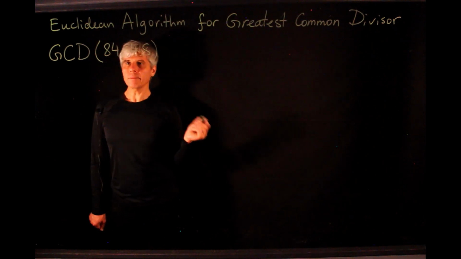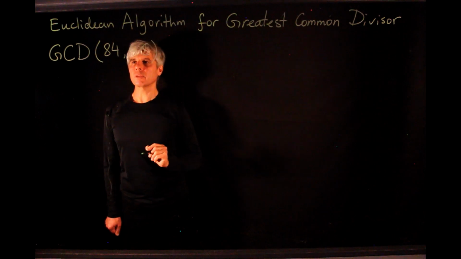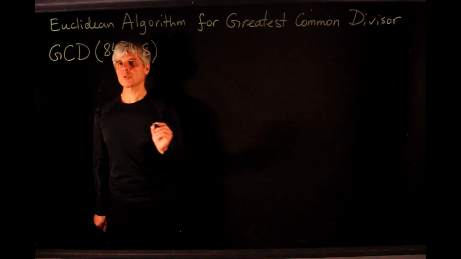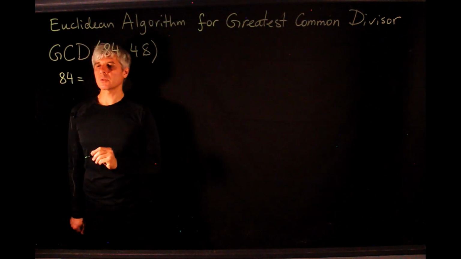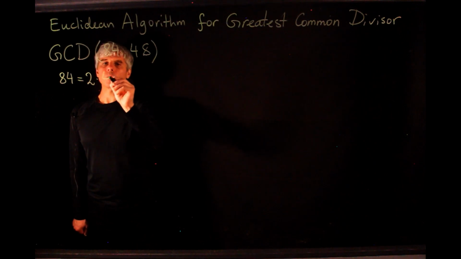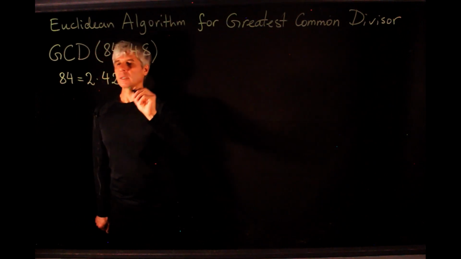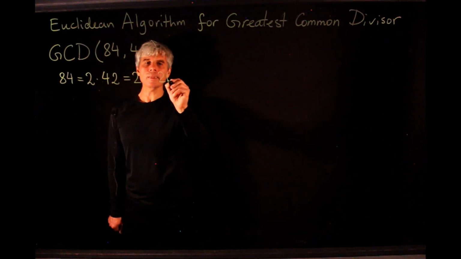One method says, well, factor these numbers into powers of primes. So let's take 84. What factors do we have here? This is 2 times 42, which is 2 times 2 times 21.